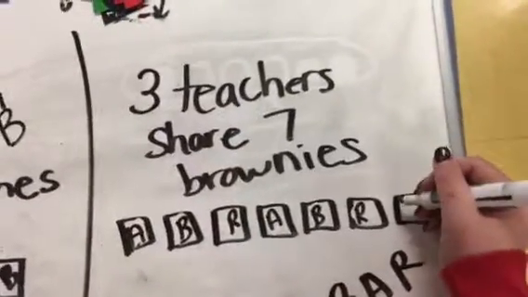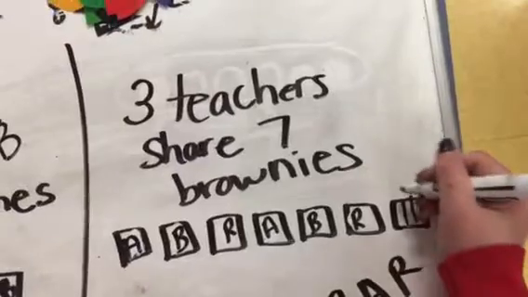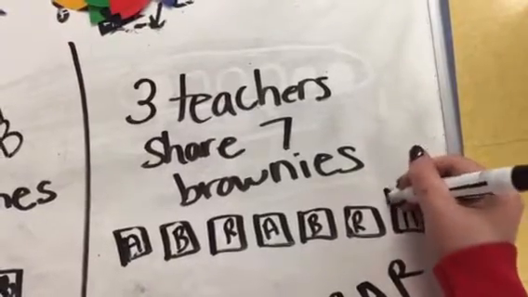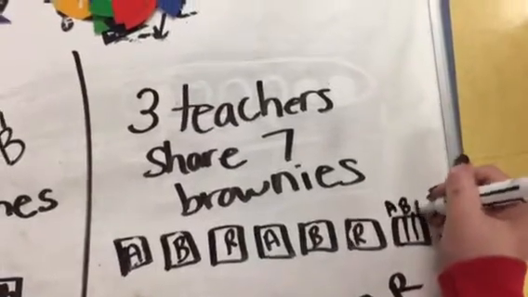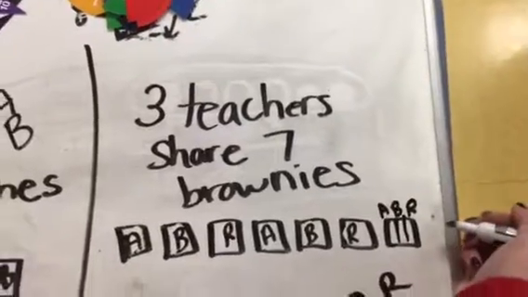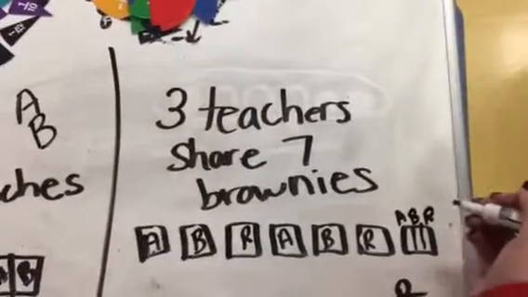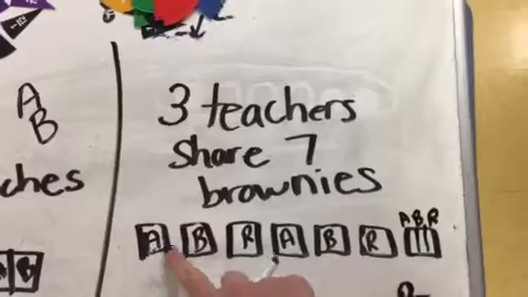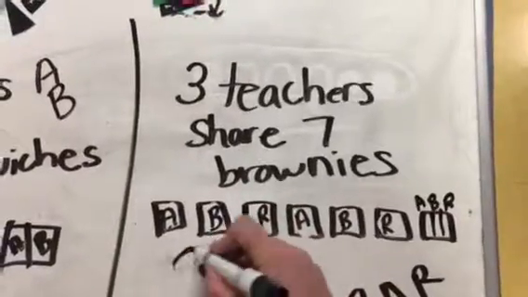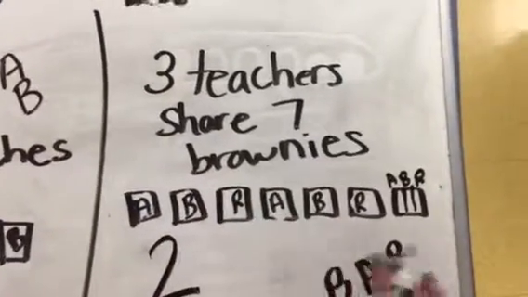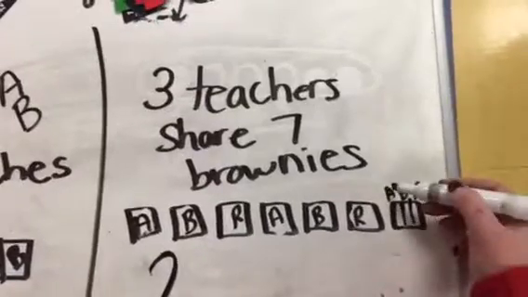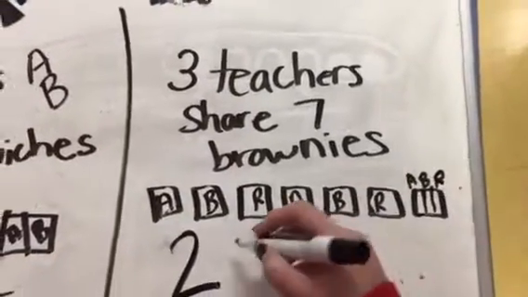3 teachers, we'll split it into thirds. I get 1, Miss Allison will get 1, and Miss Rather will get 1. So let's see, how much did Miss Allison get? She's got 2 wholes, right? The big number 2, 2 wholes. And then how much does she have over here? 1/3.